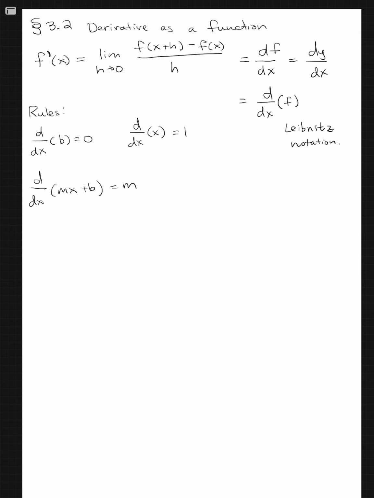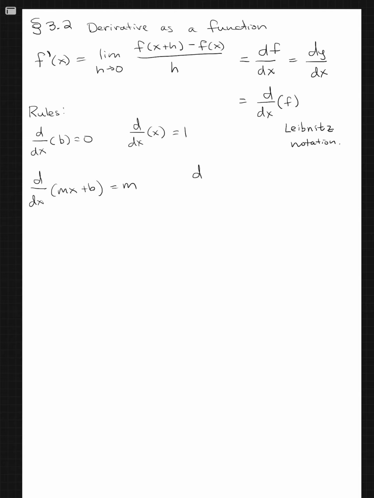So those are rules from last time. Those are preliminary rules that we talked about last section, sort of reformulated using Leibniz notation, right?